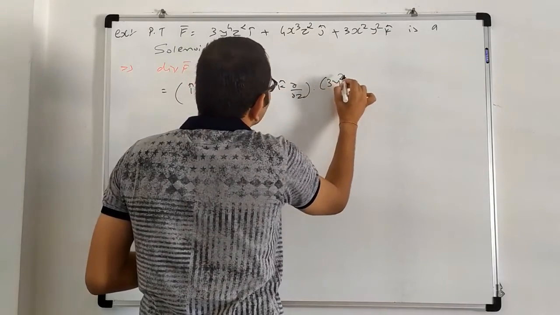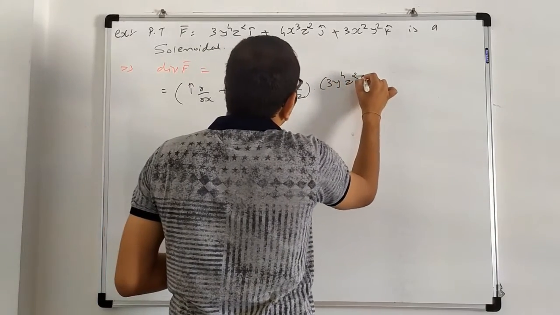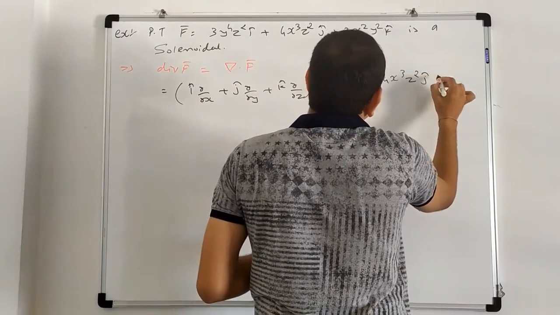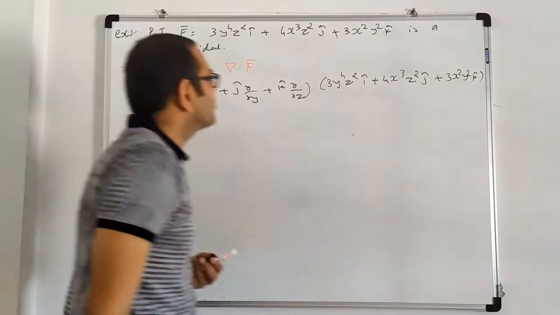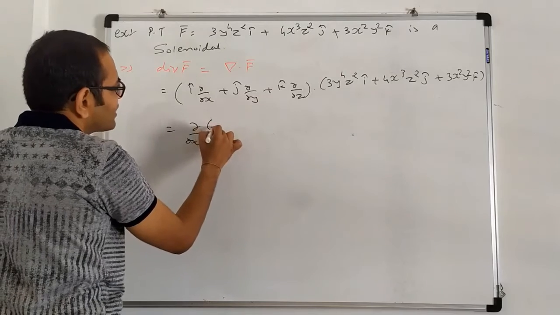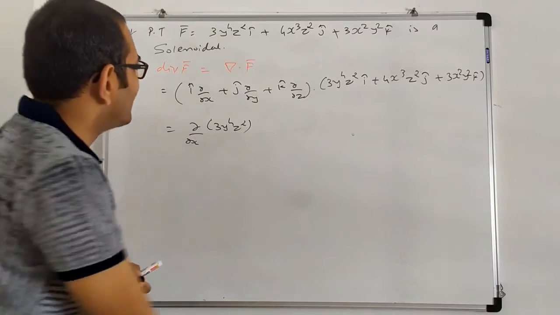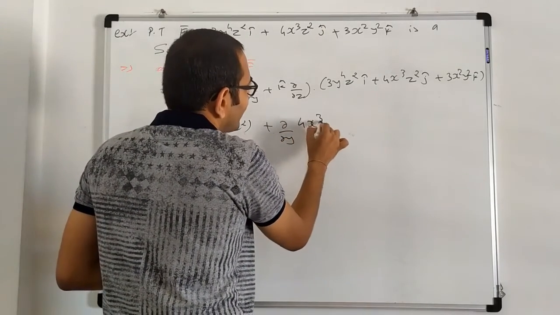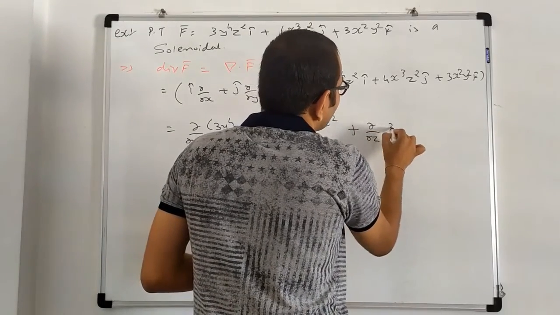Then the dot product is del by del x of 3y raised to 4 z square, plus del by del y of 4x cube z square, plus del by del z of 3x square y square.